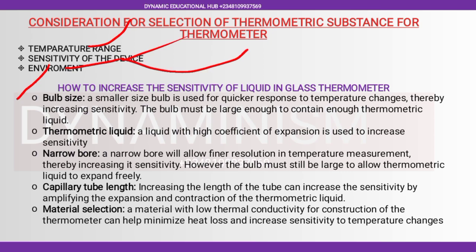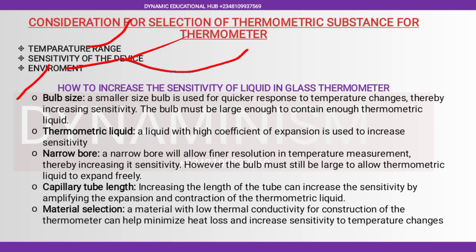Let's take, for instance, you want to have a thermometer that you want to use to measure the temperature of a furnace. Now you discover that the temperature is so high, which means that if you want to select any material as a thermometric substance, you must make sure that it is not a material that will easily get destroyed. You can't just design any thermometer and put it inside your furnace.